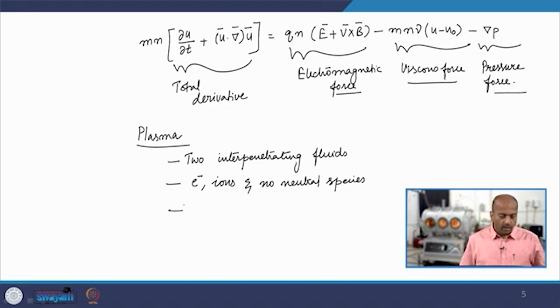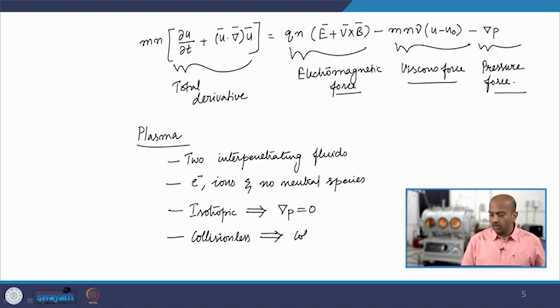Then we consider plasma to be isotropic. So, that means that the plasma density is same in all directions. So, we can say for simplicity that there will not be pressure gradients in the plasma, and we consider plasma to be collisionless. So, what does it mean? It means that we do not have to worry about the collision term.